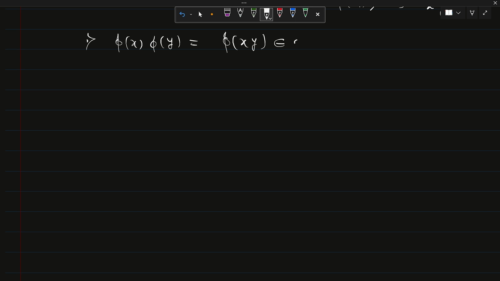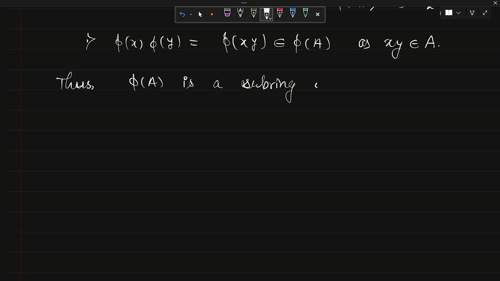So this is saying that phi of xy is an element of phi of A. कैसे लिख सकते हैं? xy is an element of A, right? So thus phi of A is a subring of ring S, okay, because phi of A was a subset of S.